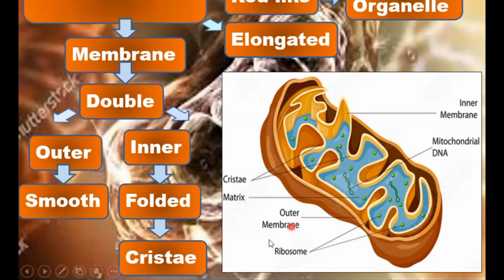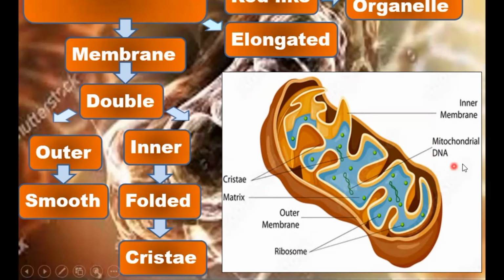The outer membrane is smooth, and the inner membrane has many enfoldings like cristae that increase the surface area. Inside the cristae we have fluid, the liquid part of the mitochondria, as you can see here. This fluid of the mitochondria is known as the matrix. The matrix contains ribosomes, which are granular bodies, and it also contains the mitochondrial DNA.